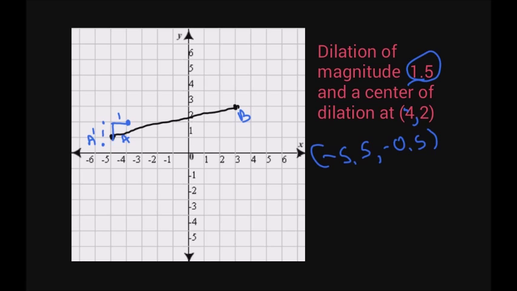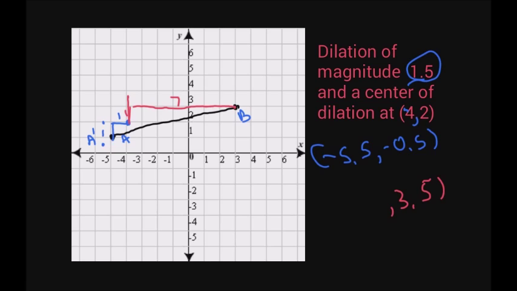Again, to do the second one, let's change color so we can see this. I'm going up 1 and I'm going over 4, 5, 6, 7. So I got 1, 7. Those are what I'm going to multiply by my 1.5. 1 times 1.5 would be 1.5. So I'm going to go up 1.5, so my y value is going to be 3.5.